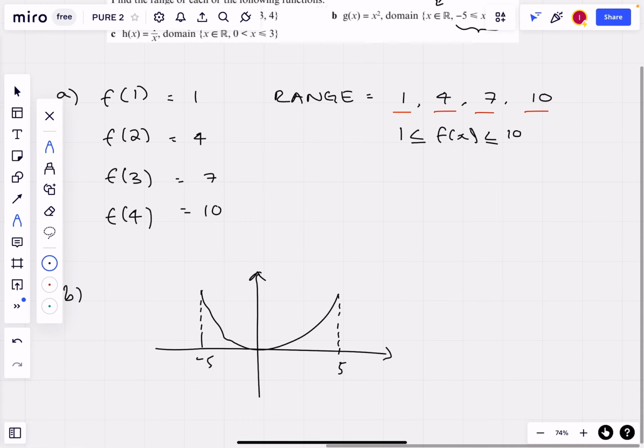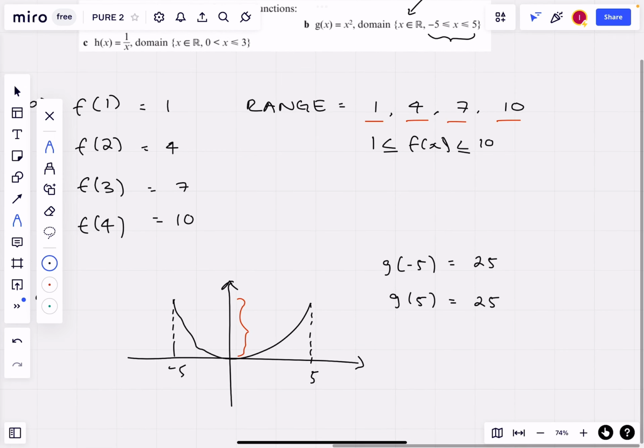Okay, we want to now work out what range of values y can take within the limits of -5 to 5. So let's try it. Let's sub in g(-5) and g(5). In each case, you get 25 because the function is x squared. -5 squared is 25, 5 squared is 25.